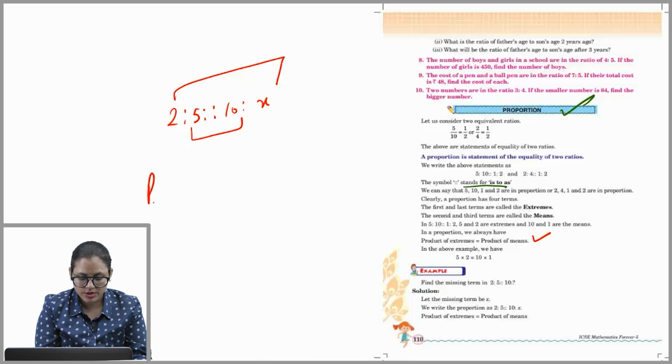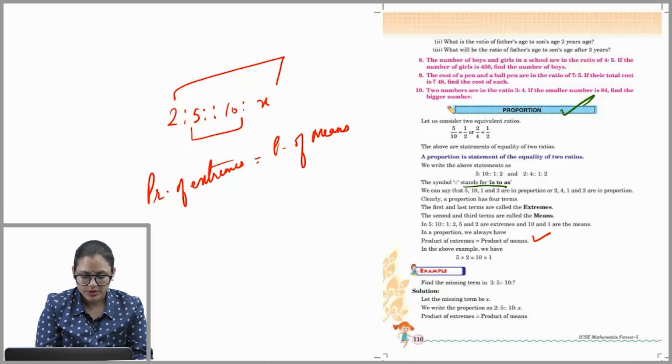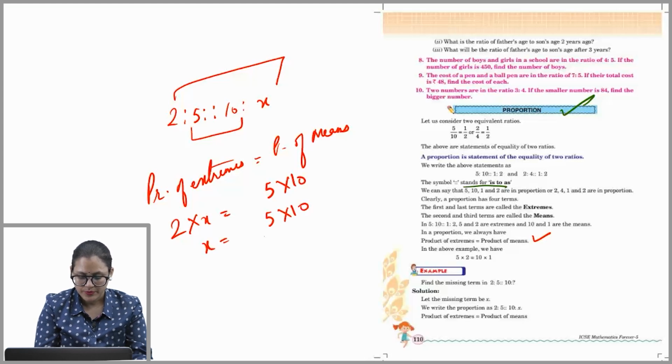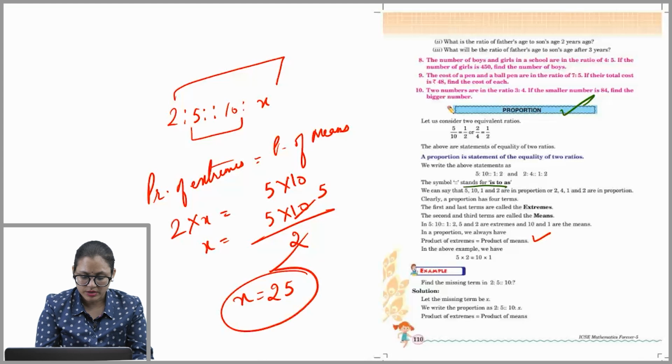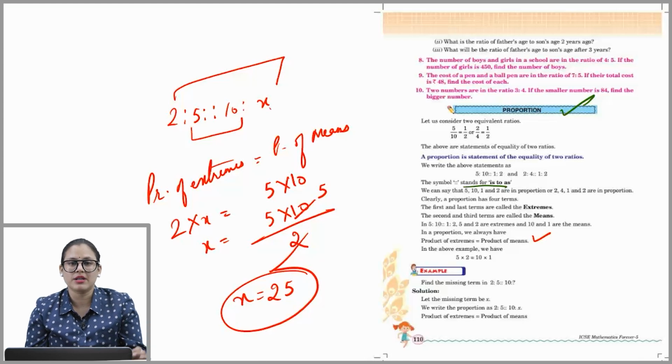So product of extremes is equal to product of means, right? Extremes 2 into x, means 5 into 10. So x we will write here 5 into 10 and then 2 we will bring here. 2 fives are 10, so x is equal to 5 into 5, that is 25. So this missing term is nothing but 25.